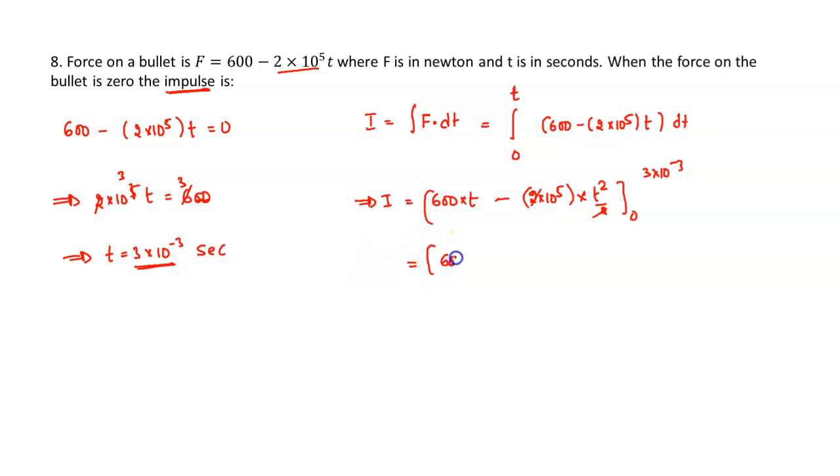So this will be 600 into 3 into 10 power minus 3 minus 10 power 5 into t square, that will be 9 into 10 power minus 6. So this will be equal to 1.8 minus 0.9, which is equal to 0.9 kg meter per second. This will be the numerical value required in this question.